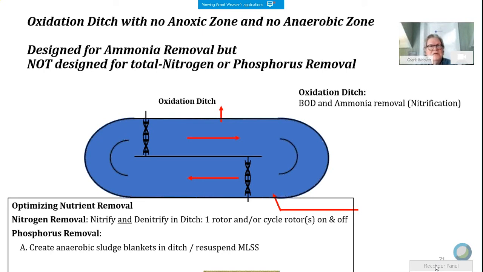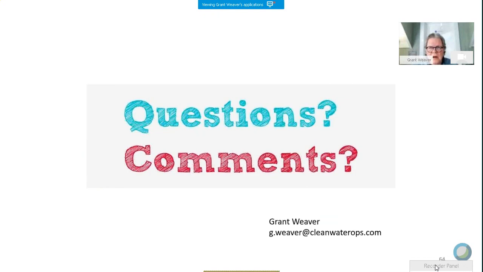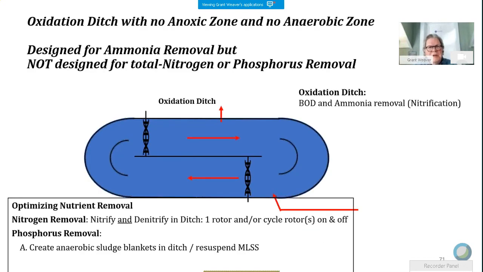If conditions allow that kind of settling, it can go anaerobic, septic enough to support phosphorus removal, and I've seen it happen more than once. So that's one approach. It's pretty hard to dial that into a real low number, but it sure is a quick, cheap, and easy way. It's totally counter to everything we've learned: we're allowing settling to occur in our ditch, and we're benefiting from it.